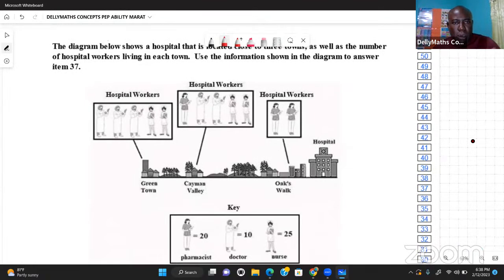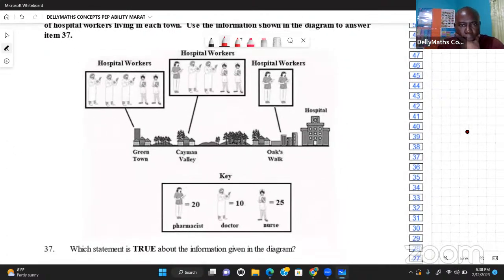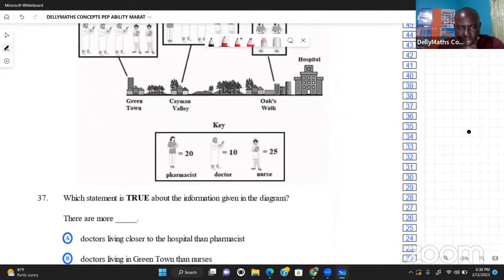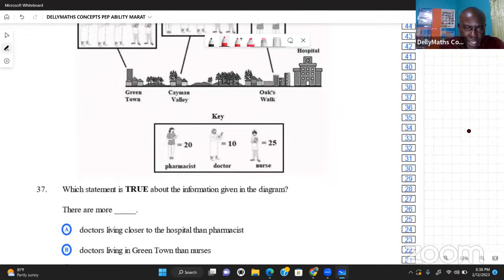So we're talking about hospitals close to the towns, and they're showing them. The key though: when you see one pharmacist here, 1 means 20. And when you see one doctor, it means 10. And when you see one nurse, it means 25. So you have to be careful.